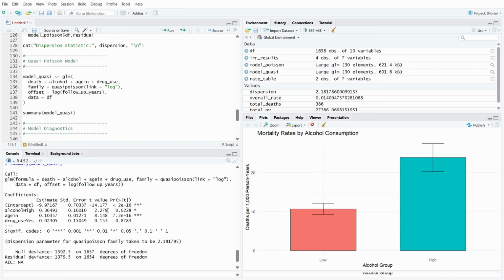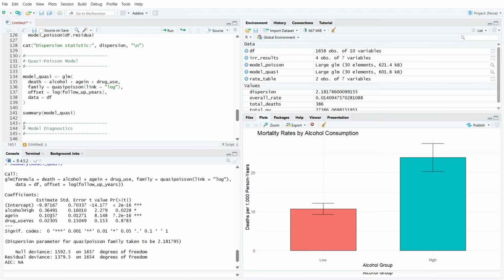This is a really important shift. Once we account for over-dispersion, we're less confident about the strength of this effect. If we translate that coefficient into an incidence rate ratio, it's still about 1.44, meaning a 44% higher death rate for high alcohol users, but now with more uncertainty around that estimate.